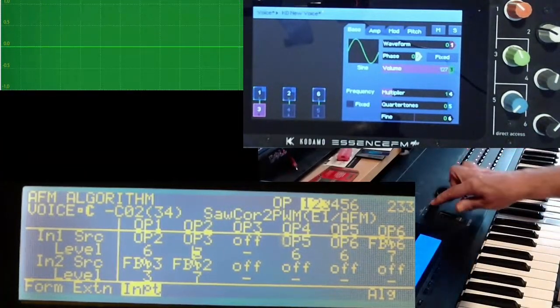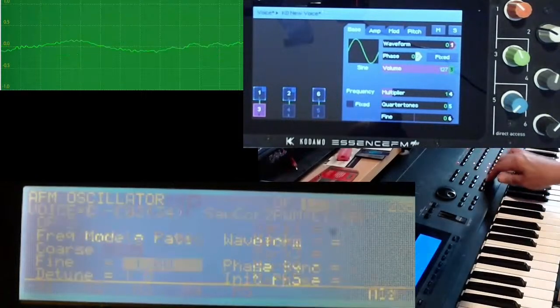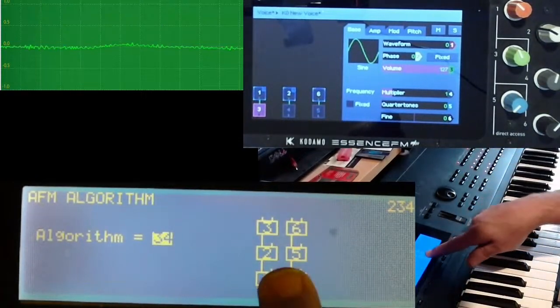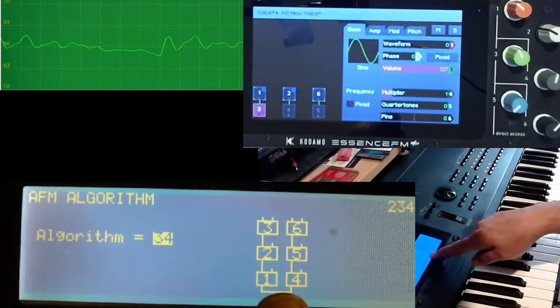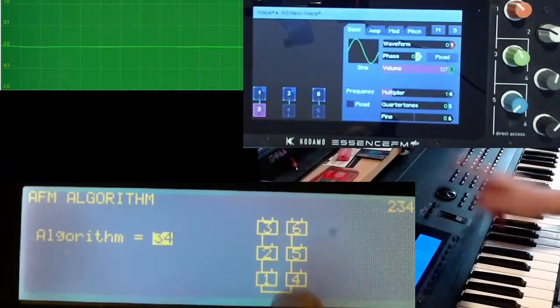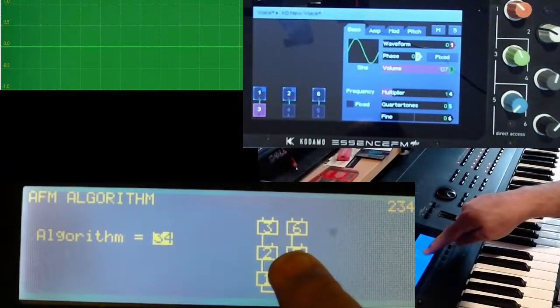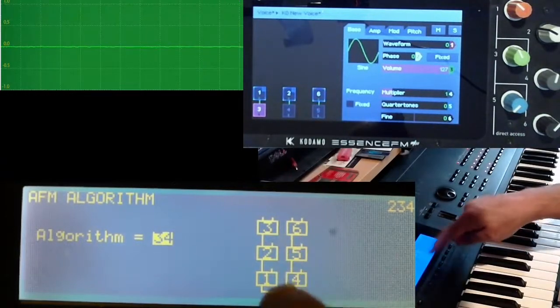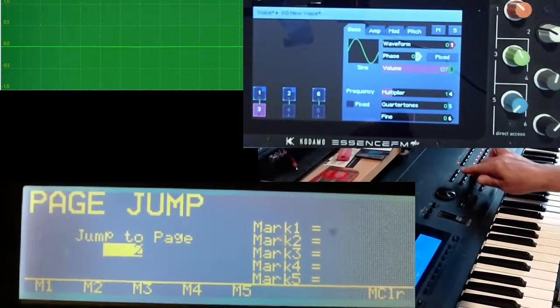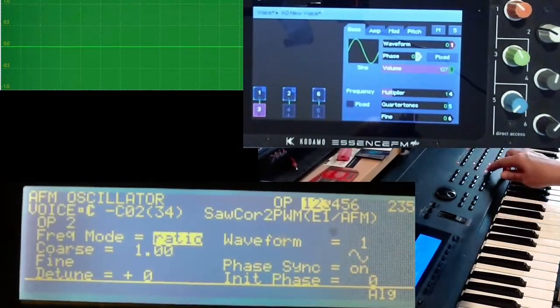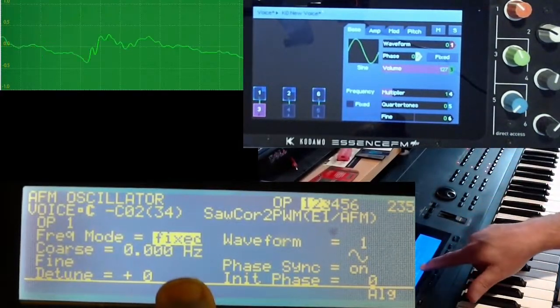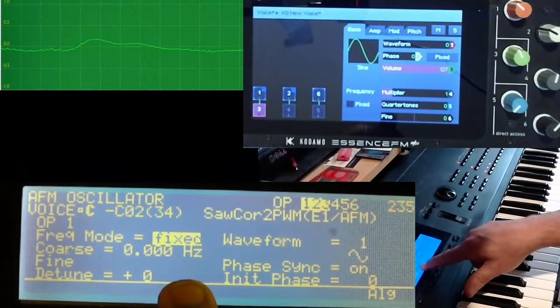Now, what am I doing with the fact that I am using it on the second operator, not on operator 1, and what's going on with operator 1? As I said, this is going to be demonstrating a whole bunch of phase tricks and waveform inversion stuff, and that's why I have it in this number 2 position, because I'm actually using operator 1 as a fixed frequency at 0 hertz.